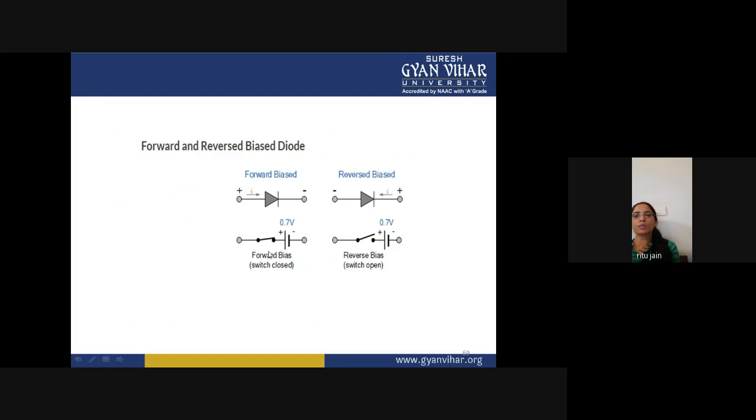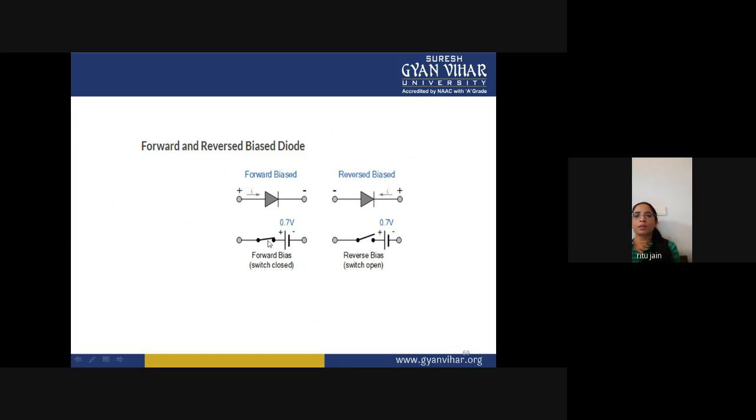So what is happening here? In forward biasing, the positive terminal of the battery is connected to the anode, and the negative terminal of the battery is connected to the cathode of the diode. In this structure, the diode is like a closed switch.